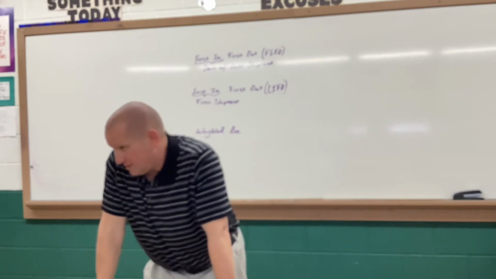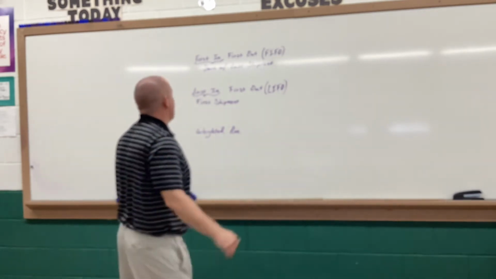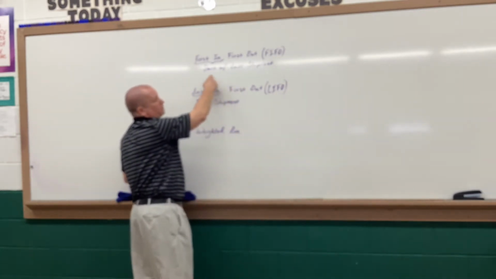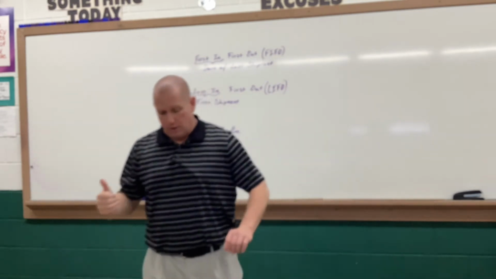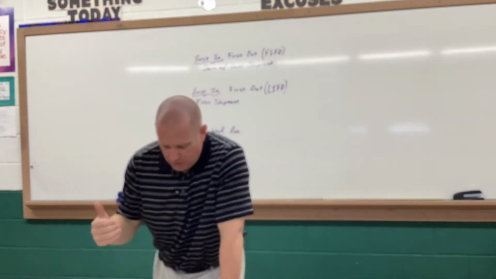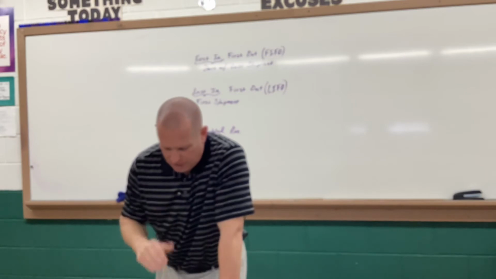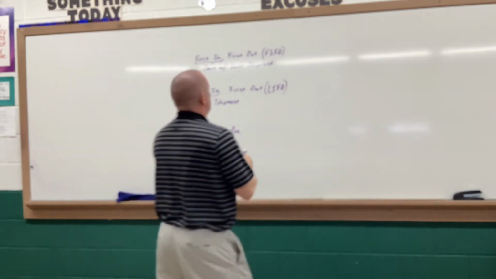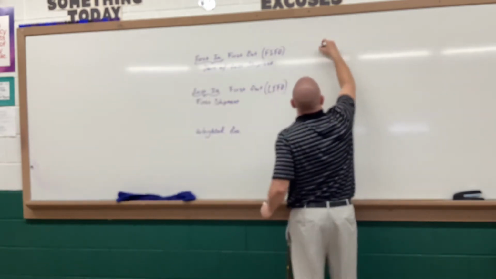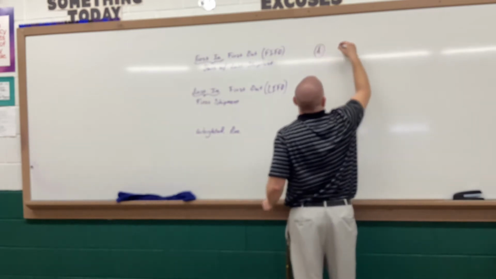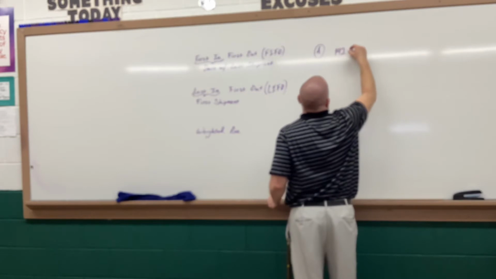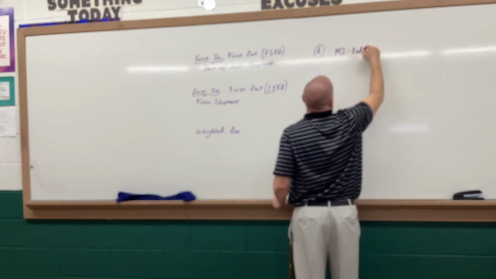on the FIFO basis. In the FIFO, that tells me I'm going to start with my last shipment. So you have to look at your ending inventory, and in letter A it says my ending inventory was 142. Everybody see that?